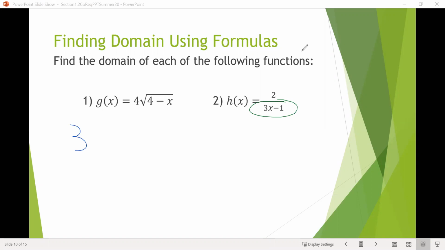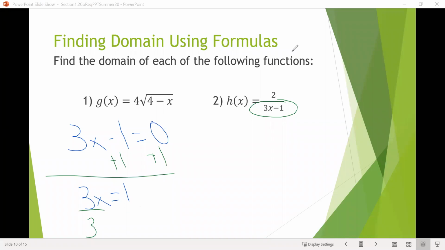So we'll set up an equation. 3x minus 1 equals 0. Go ahead and add 1 to both sides. So 3x equals 1, and then divide by 3 on both sides. When we do that, we end up with x equals 1/3. Okay, so that cannot be in our domain because it makes the denominator here equal to 0.